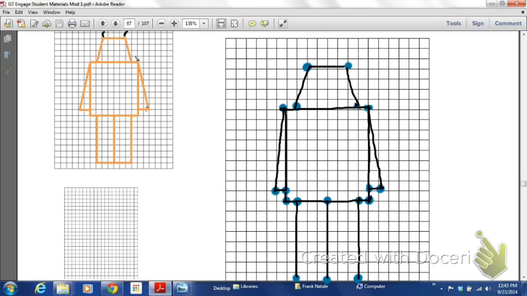That's what I did. I plotted those with a blue marker, and then used the original drawing to finally draw my lines. So I came up with what would be a scale drawing.